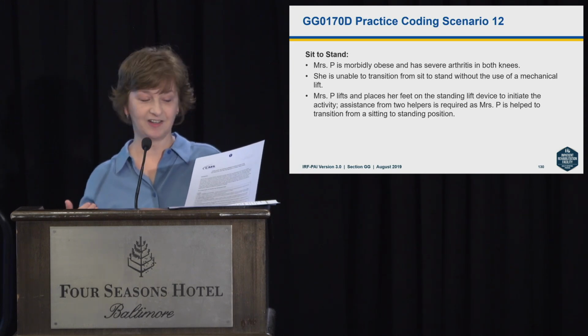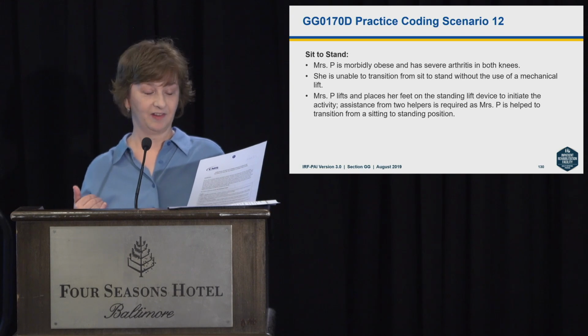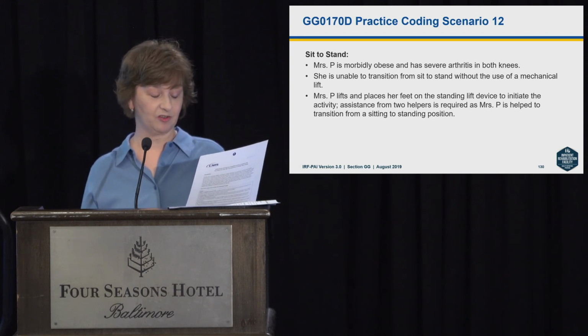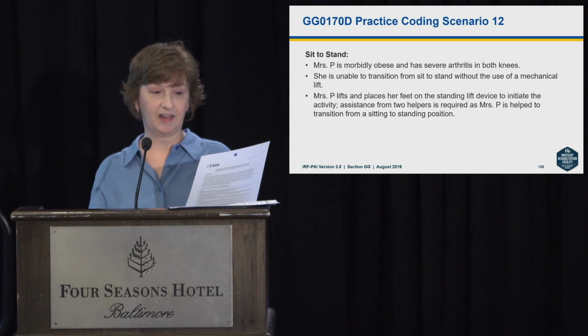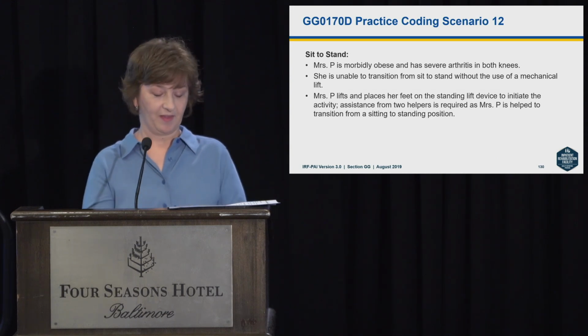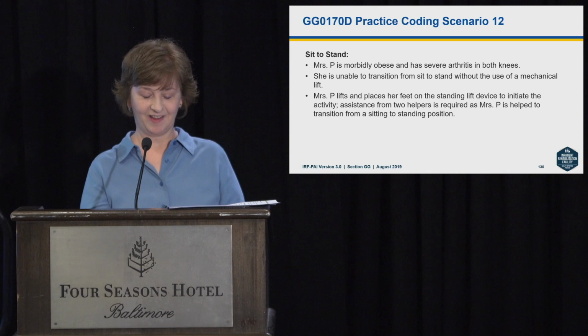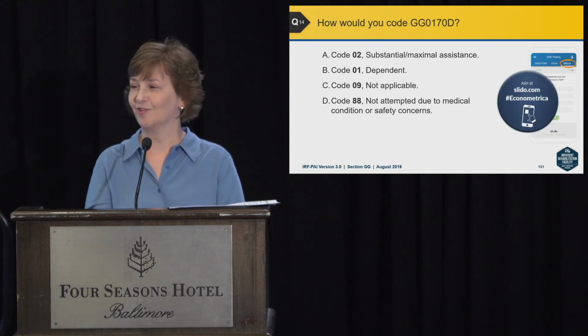It doesn't meet that criteria. So the last question at the bottom of the decision tree is, does the helper provide all of the effort to complete the activity, or is the assistance of 2 or more helpers required to complete the activity? Based on your reading of the example, I will let you pick the answer that you think is correct.